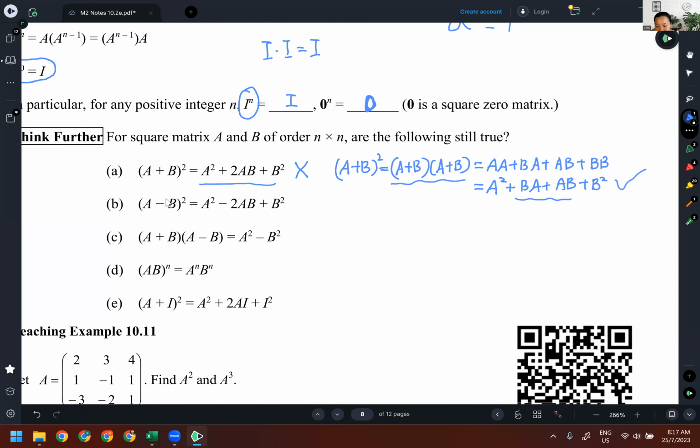For the second one, true or false? False. What is it really equal to?